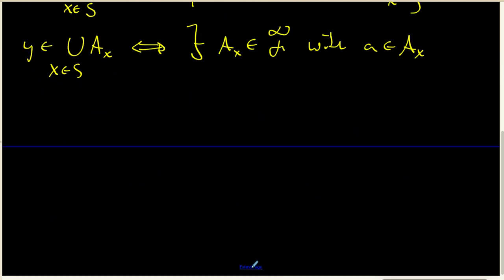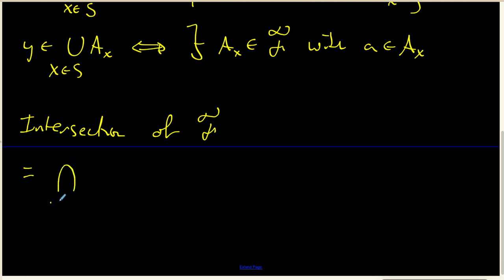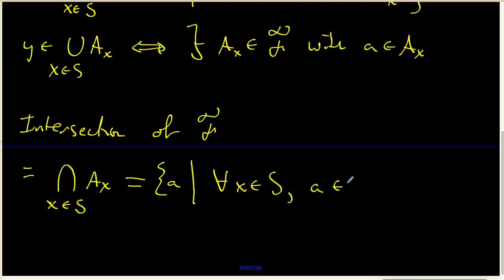Intersections work the same way. If I want to think about the intersection of all of the things inside my family, that's going to be written as the intersection of the A sub x's, where x runs through the whole indexing set, and that is going to be defined as all of the a's such that for every x inside S, a belongs to A sub x.